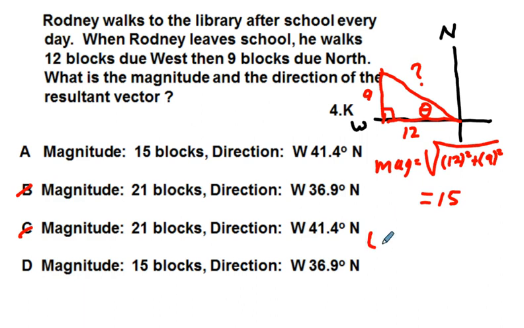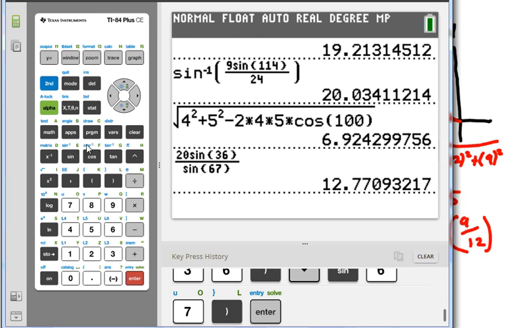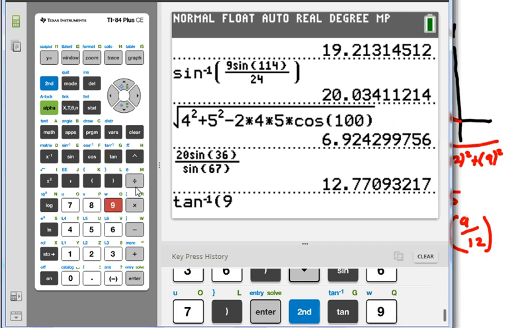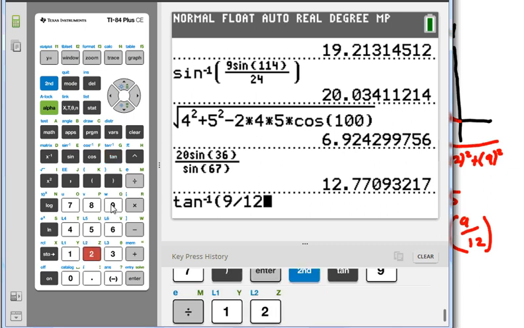Well, theta is going to be equal to our inverse tangent of opposite over adjacent. So theta is equal to inverse tangent of opposite divided by adjacent.